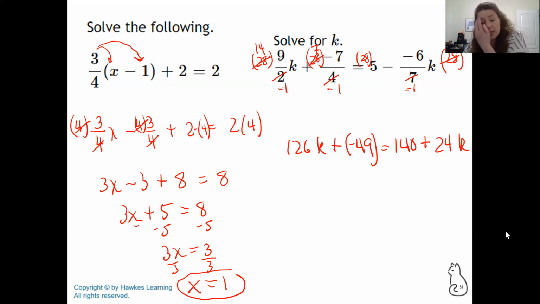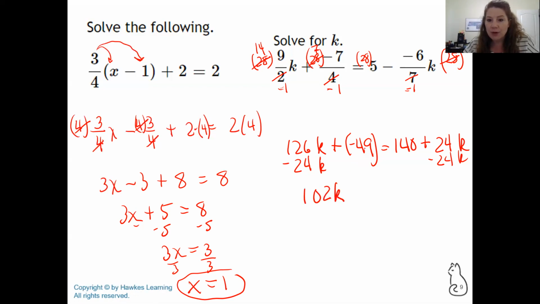All right. So then we want to get our k's together and we want to get our whole numbers together. So let's subtract 24k from this side. Now I don't see a quadratic, which means we want our k on one side of the equal sign by itself eventually. So this is 102k. I'm going to go ahead and write minus 49 equals 140.